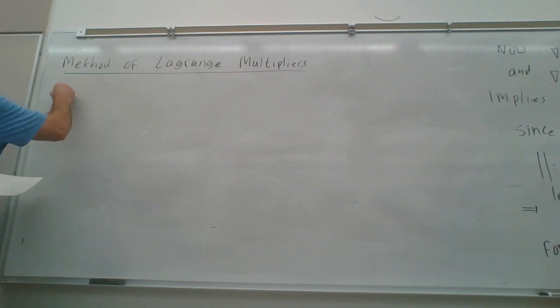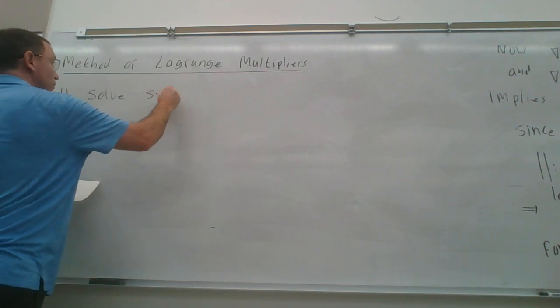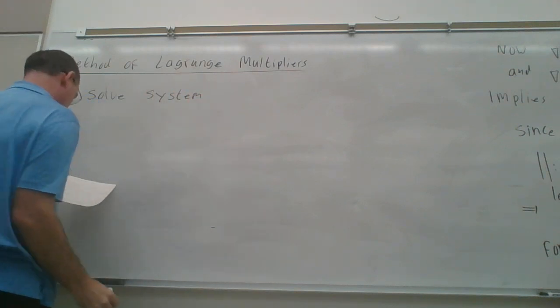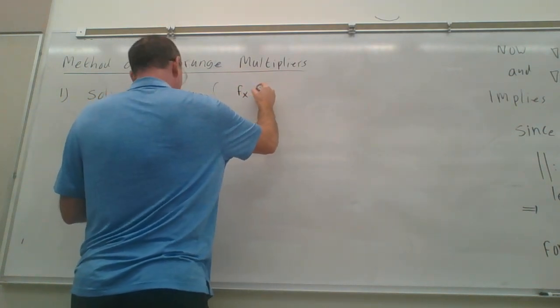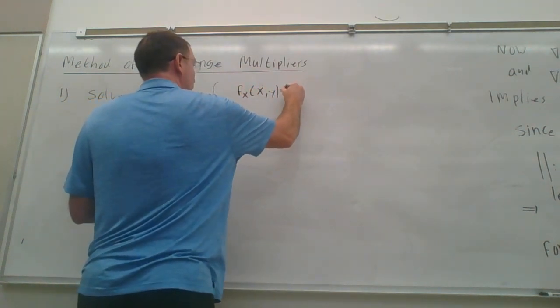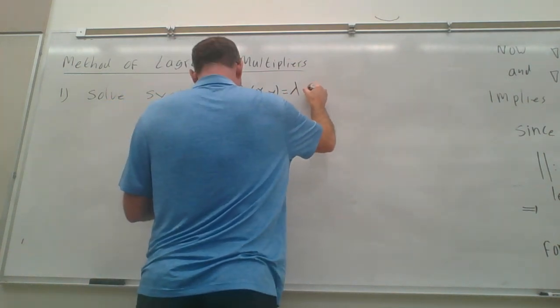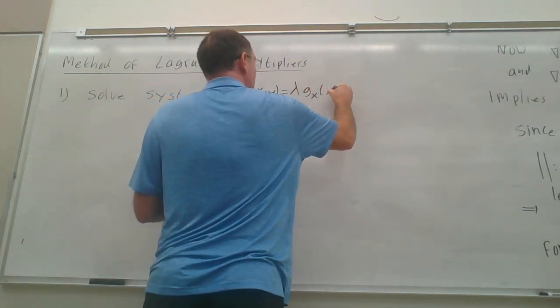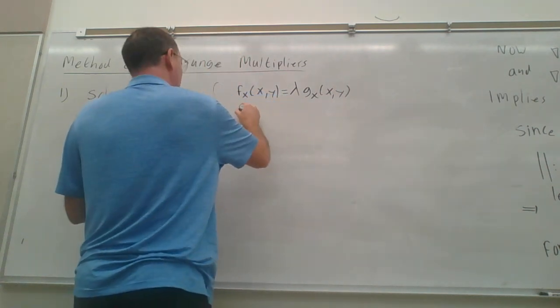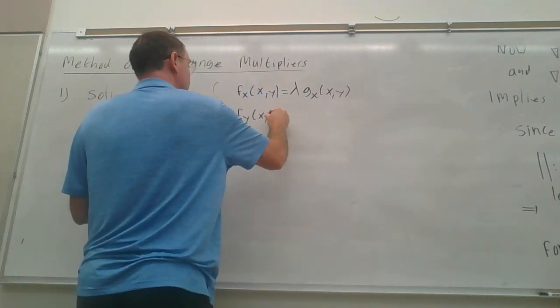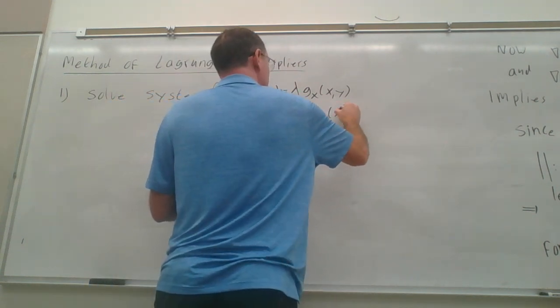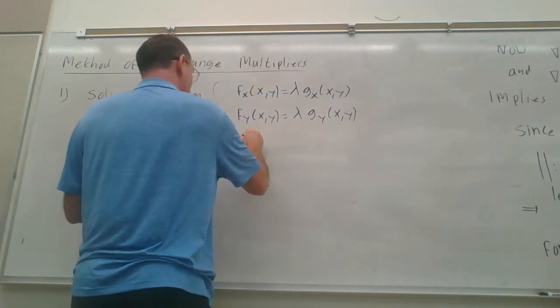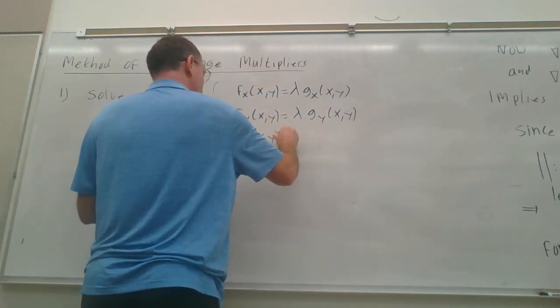Step 1: solve the system. The system here is f_x(x,y) equals lambda g_x(x,y), f_y equals lambda g_y, and g(x,y) equals c.